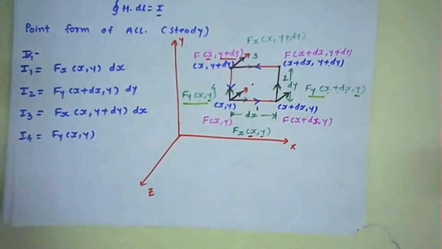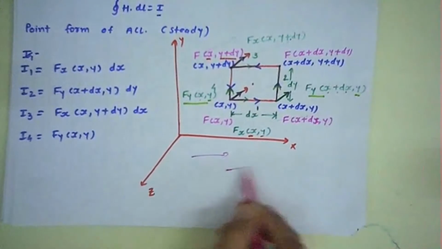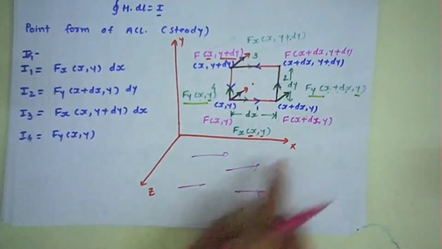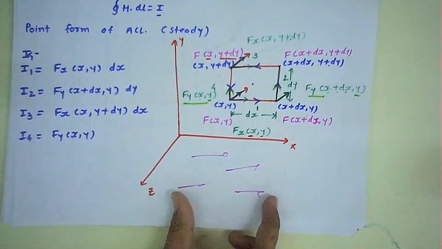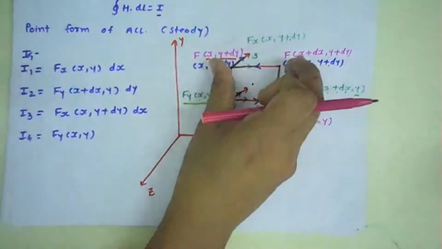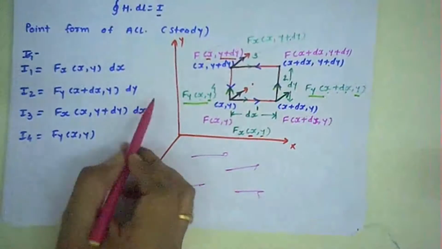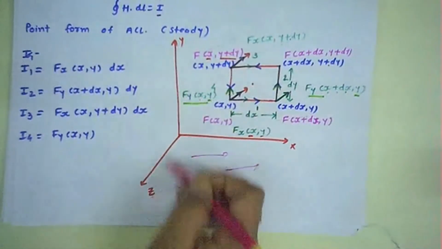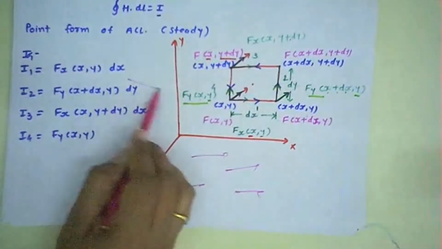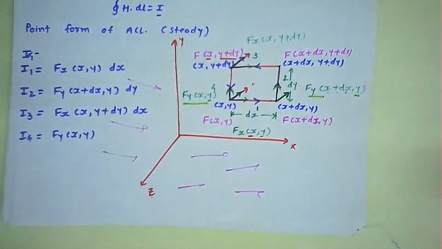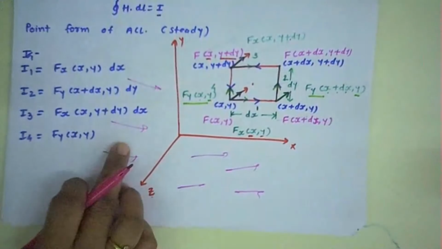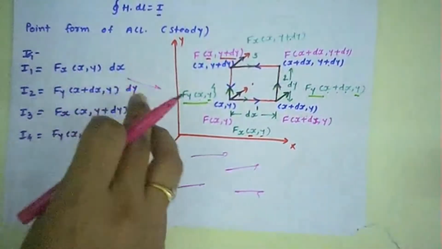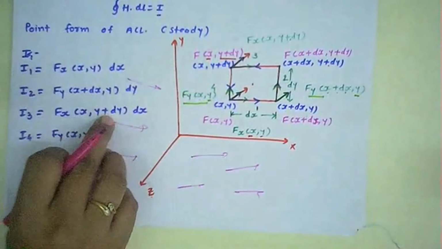Second, if I consider my field in the xz plane, I get the component normal to the xz plane. I can apply the same step for this plane. If I consider the yz plane, my field distribution in the yz plane, then I have one component that is normal to the yz plane.